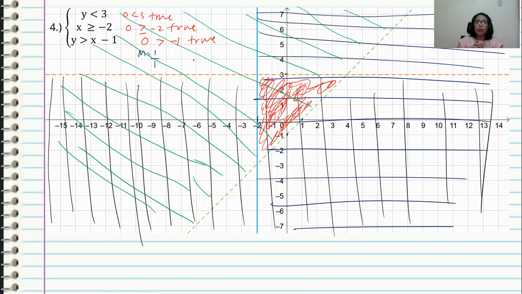And then the overlapping region would be considered as the solution. In the event that there is no overlapping or intersection of the solutions, then there is no solution for that system and we consider that system as inconsistent. So that is for now.